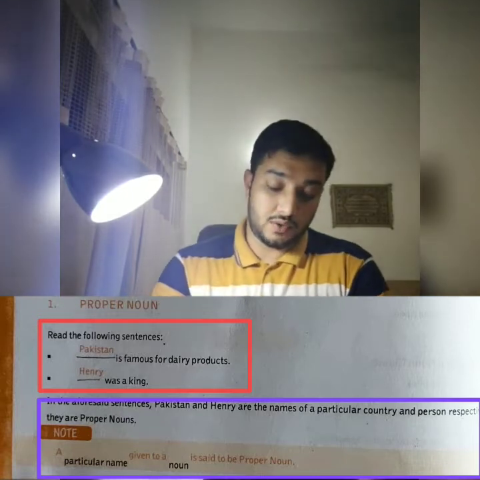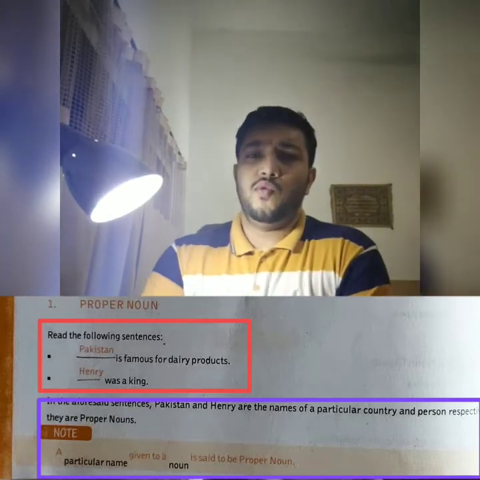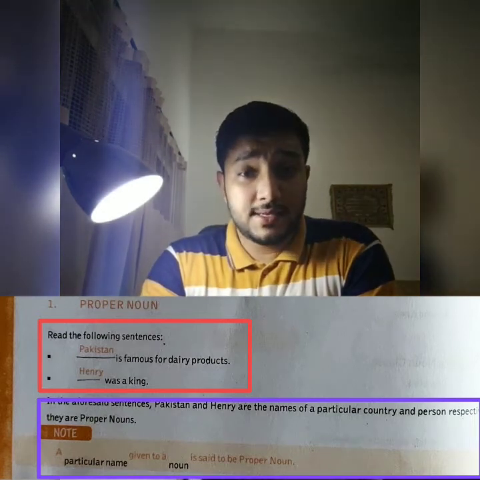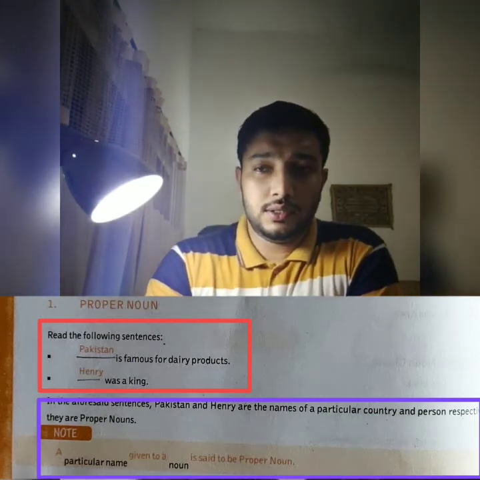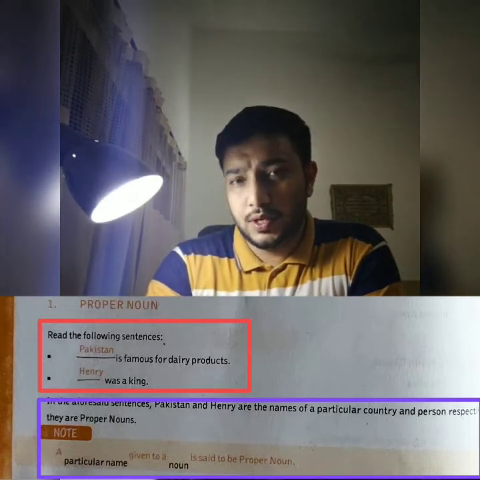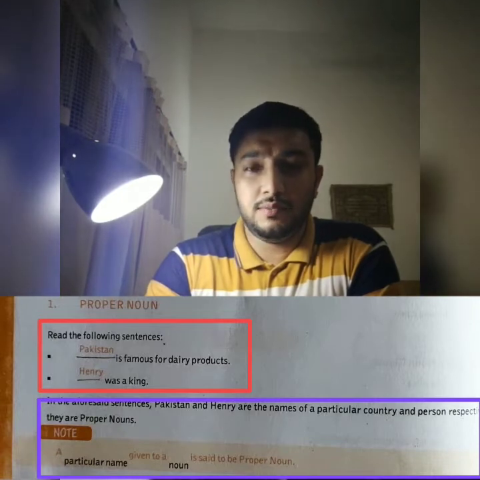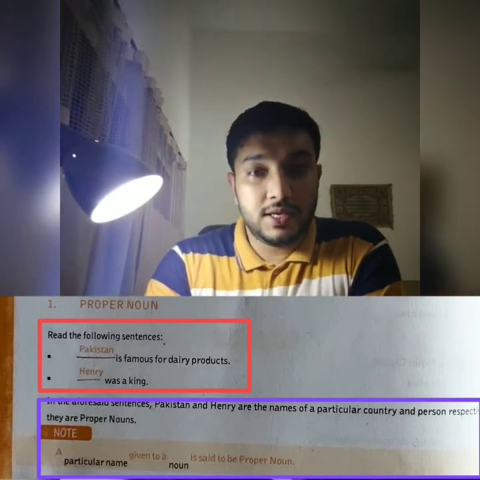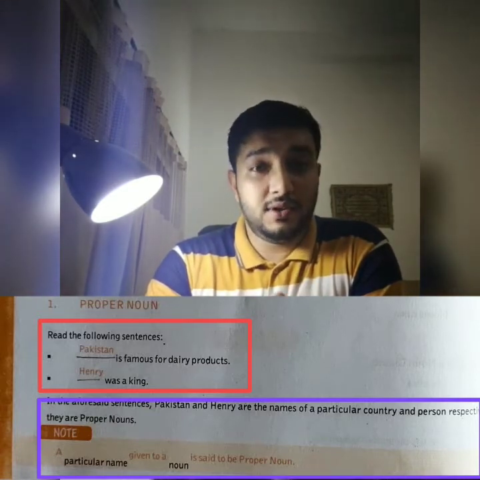They are proper nouns. When you give the particular name to a thing, place or person, let's suppose Quaid-e-Azam, Muhammad Ali Jinnah, because he is a famous personality, this is a proper noun. Lahore is a proper noun because it is a particular name of a place.